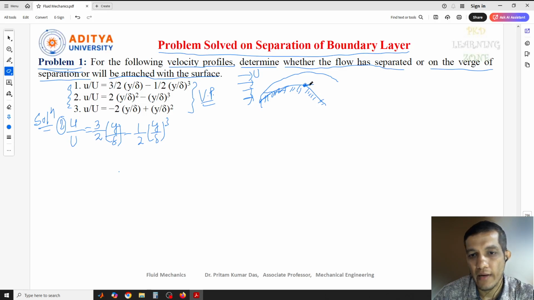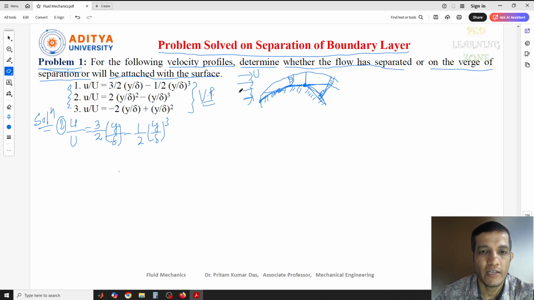At another point the boundary layer has already separated, and it has a different form, where reverse flow starts. Previously, at this point, we get a velocity profile like this, which means the flow is attached to the surface. This is the point where it is supposed to start separating from the solid body, and the next one is already separated.